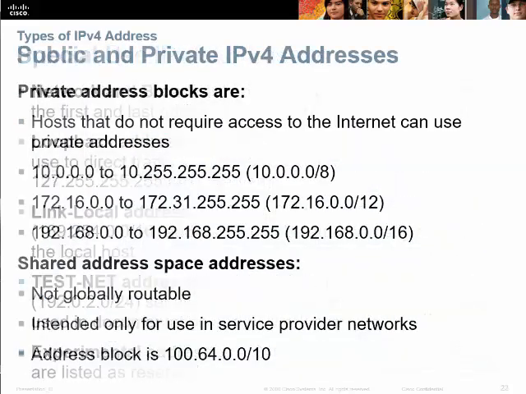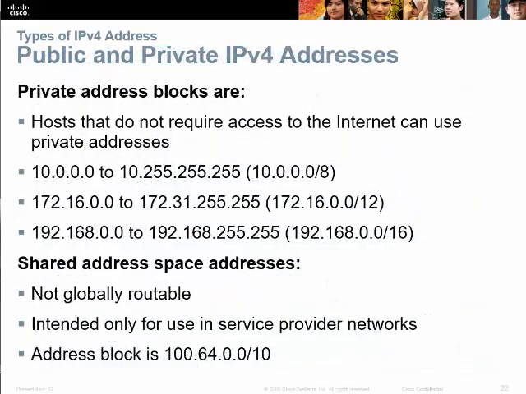So now let's go there. That is why we have what is called public and private IPv4 addresses. Private address blocks are what? Hosts that do not require access to the internet can use private addresses.